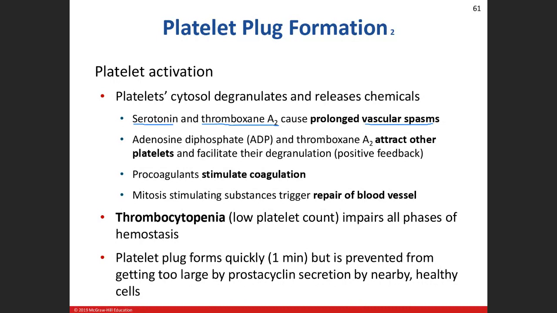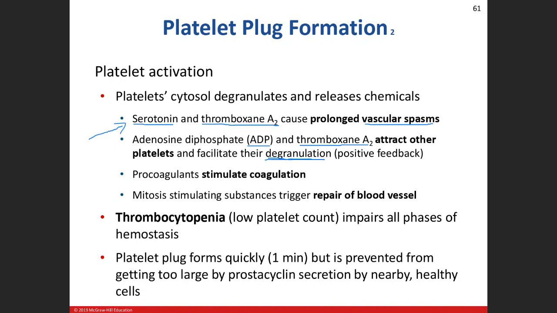Now, the thromboxane A2, in addition to ADP, we know what ADP is. We have ATP, we take a phosphate off of it, it becomes ADP. So ADP and that thromboxane A2 will now attract and cause more platelets to come to that area. And then that promotes those platelets to also degranulate and release more of this.